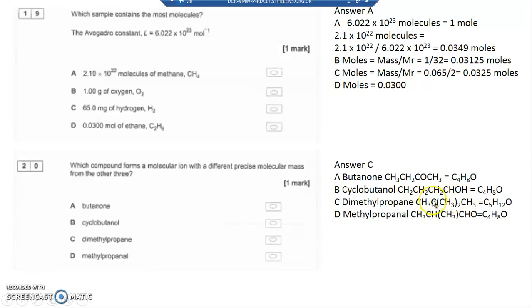So this one would have a different relative molecular mass when you measured the mass of the molecular ion in the mass spectrometer. Your answer is C.